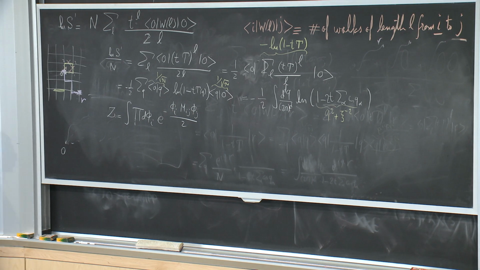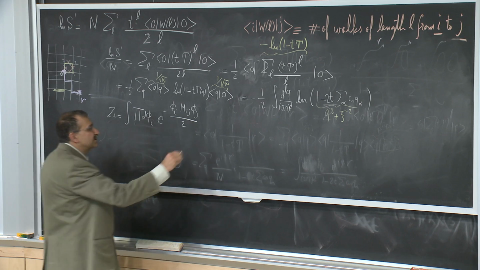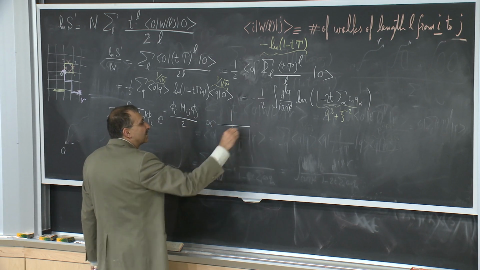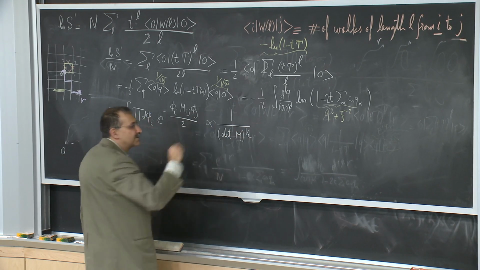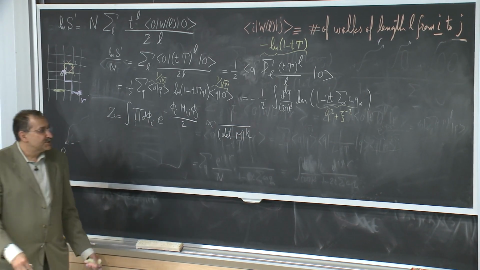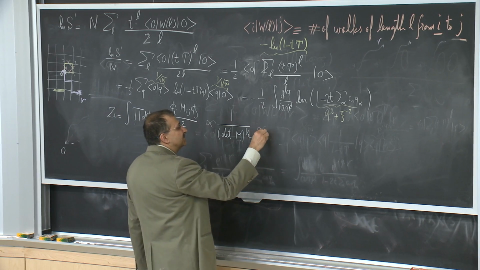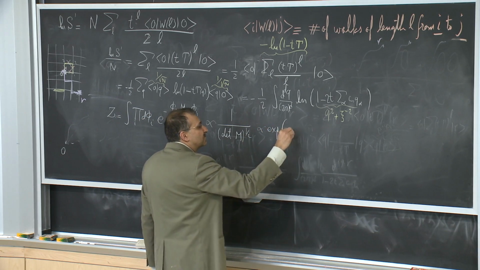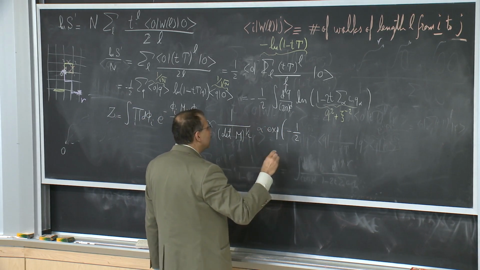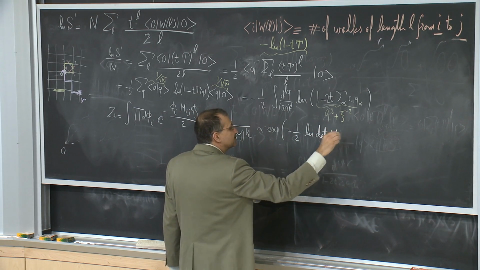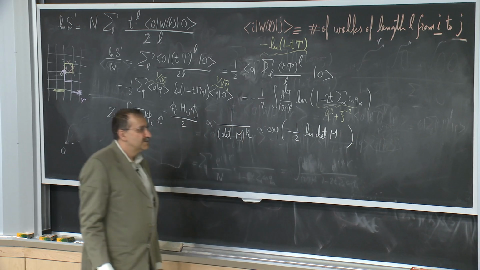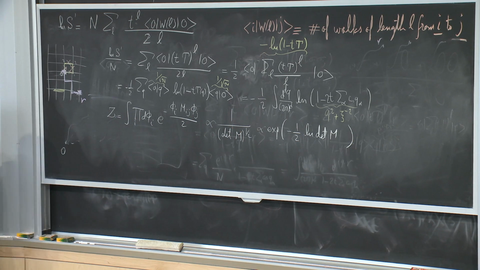What was the answer? Then the answer was typically proportional to 1 over the determinant of this matrix to the 1/2, which if I exponentiated would be exponential of minus 1/2 logarithm of the determinant of this matrix. Okay? So that's the general result.